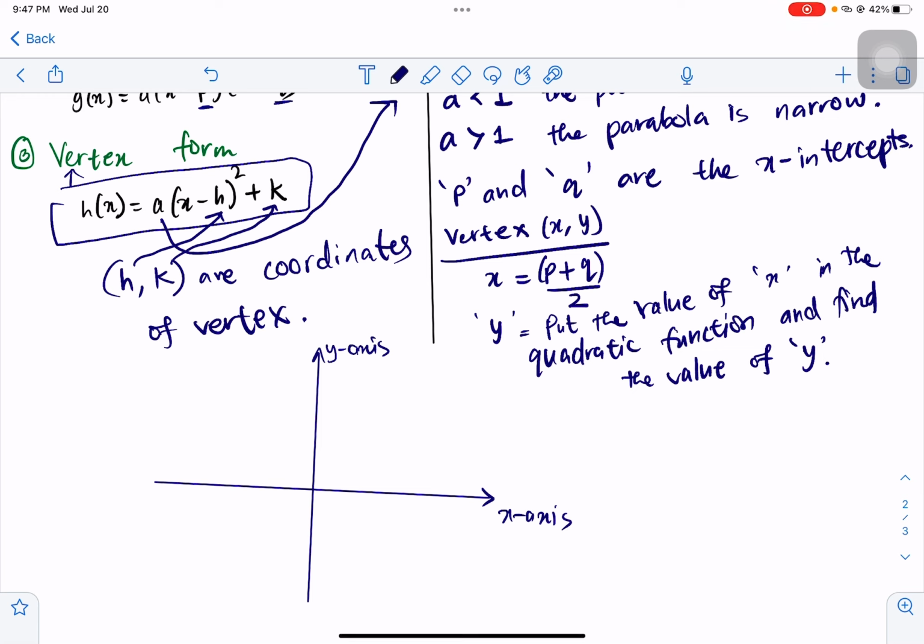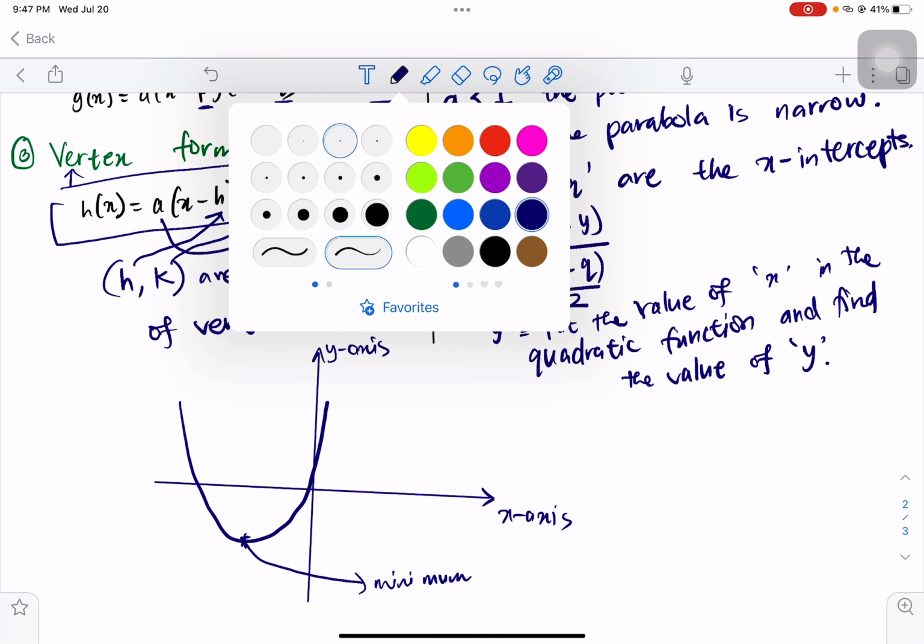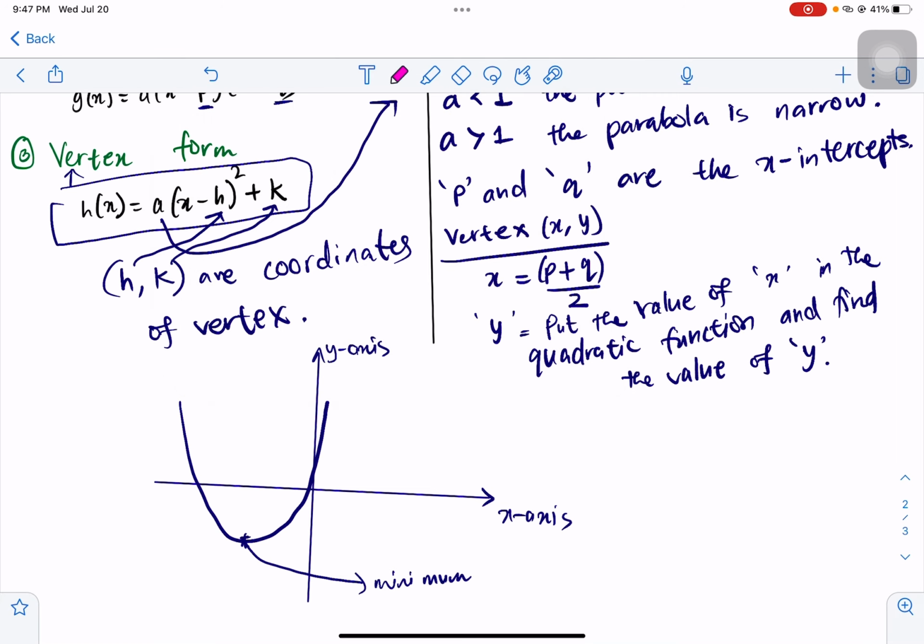So if your a is positive, you will get a parabola which opens up, and your vertex is this turning point, right? So it looks like this. The vertex point is either a minimum or a maximum. So this is the minimum.